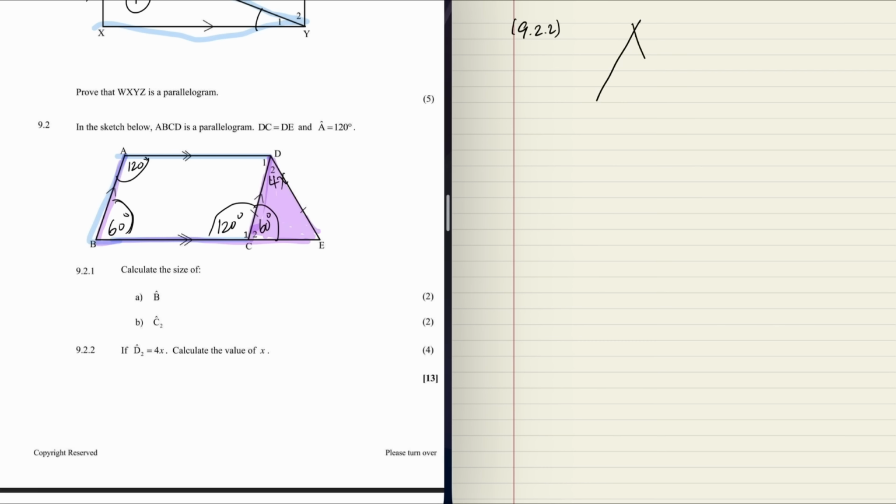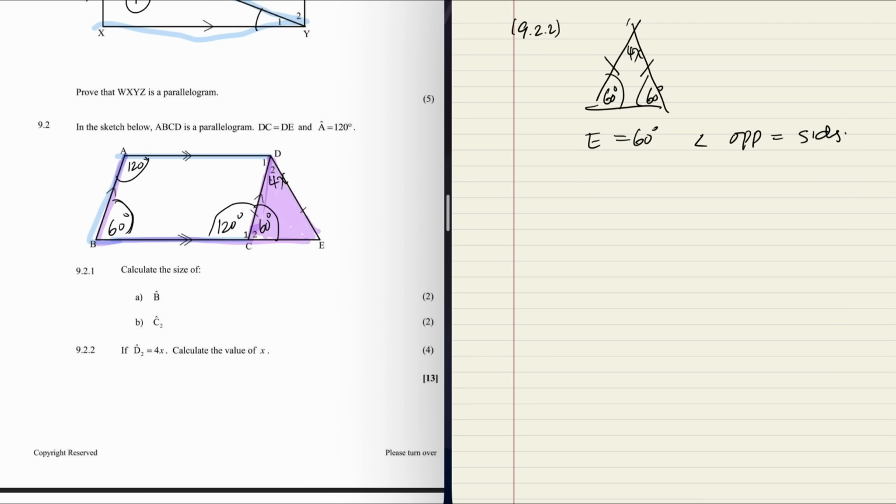So this triangle, let me just redraw it here, that's 60 degrees, and that's equal to that, and that's equal to 4x. So this is an isosceles triangle, and it means that this angle here must be 60, right? Because these are angles that are opposite equal sides. So we'll start by saying angle E is equal to 60 degrees, and it's because angles opposite equal sides.